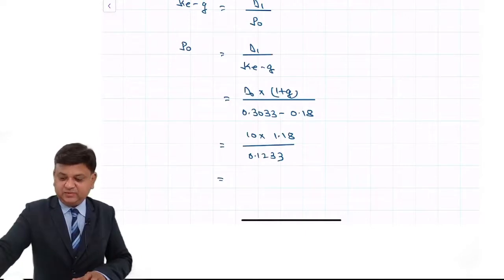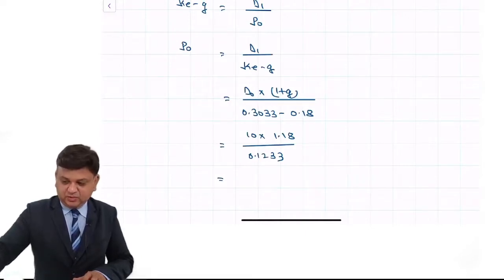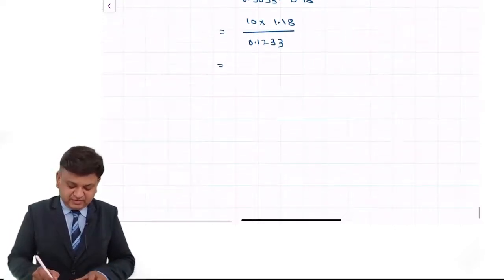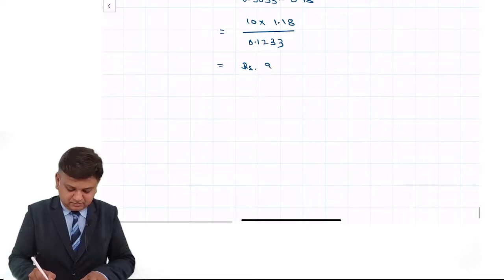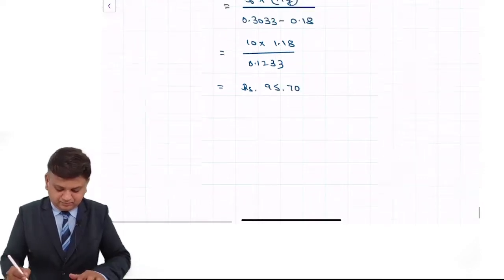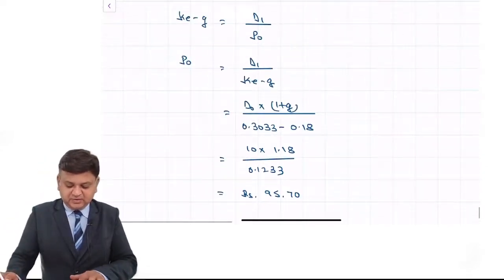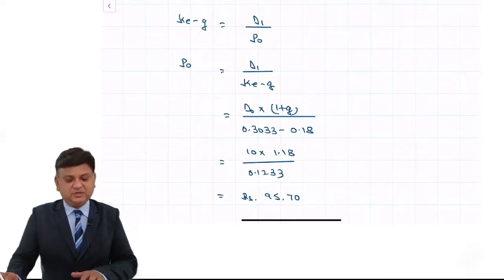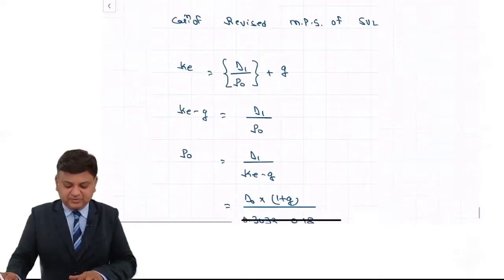So the final answer would be 10 into 1.18 divided by 0.1233. That is 95 rupees 70 paise. That is the revised market price of the equity share. Now based on this, we can make the computation of the premium.